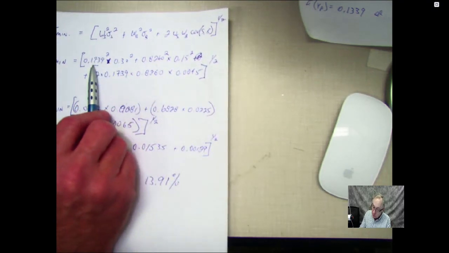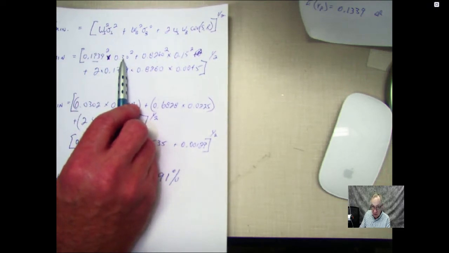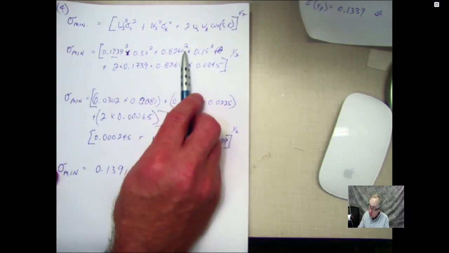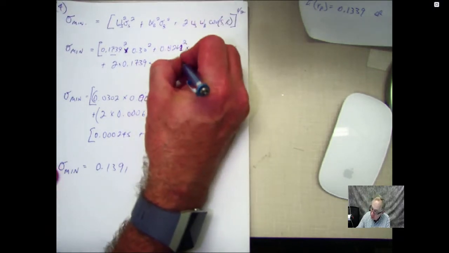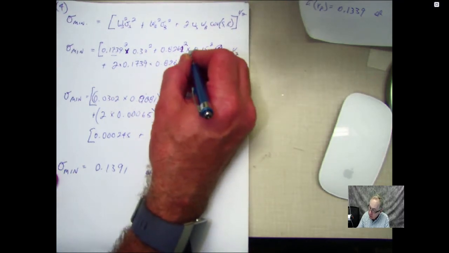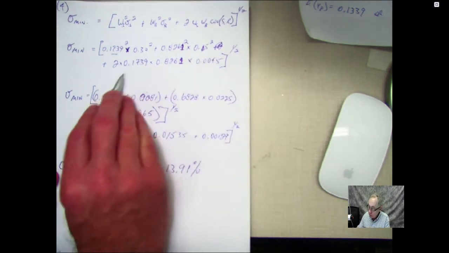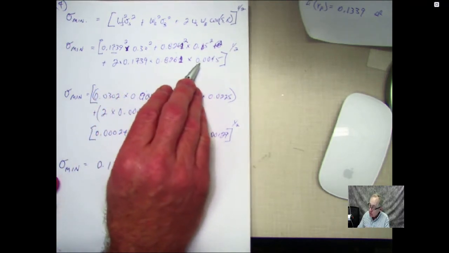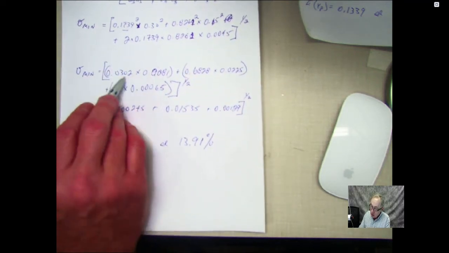So weight on stocks, 0.1739 squared, variance on bonds, the standard deviation, 0.3 squared, weight on bonds, 0.8260 or 8261, rounding, and again squared, times standard deviation on bonds, 0.15 squared, plus 2 times weight of stocks times weight of bonds times covariance on stocks and bonds.